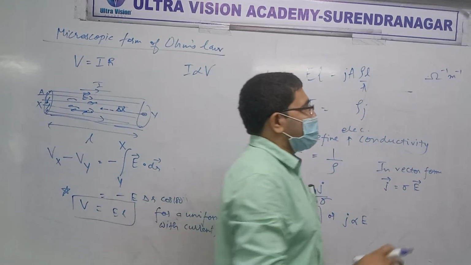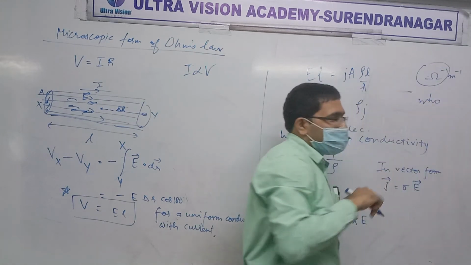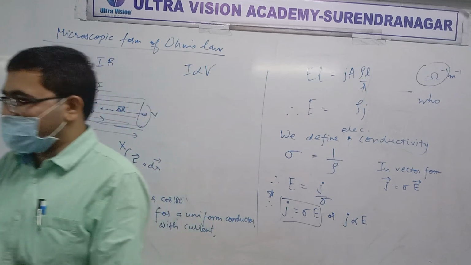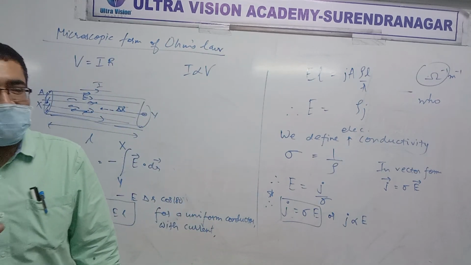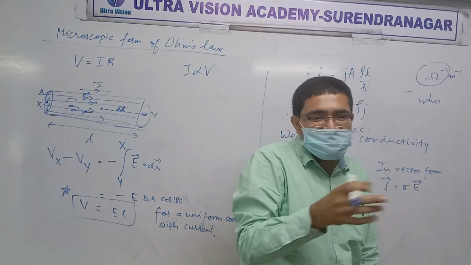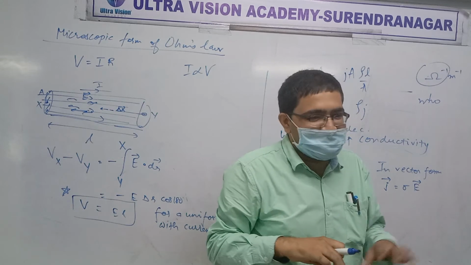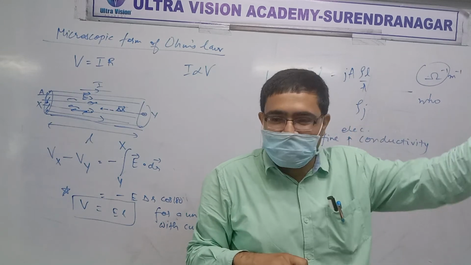Ohm inverse has a name. Not joking, this is real stuff. Ohm inverse is called mho. M-H-O. It's just ohm reversed, nothing else. Because we are running out of units, basically. There is another unit, it's called Siemens.